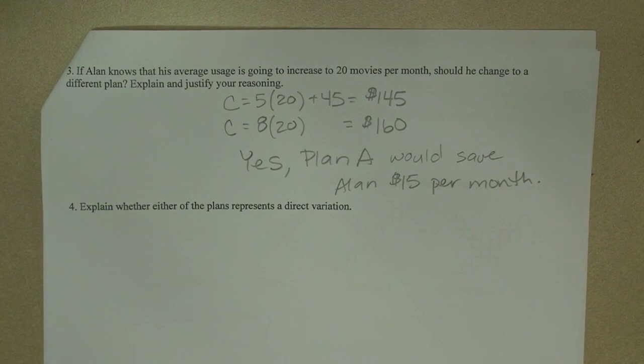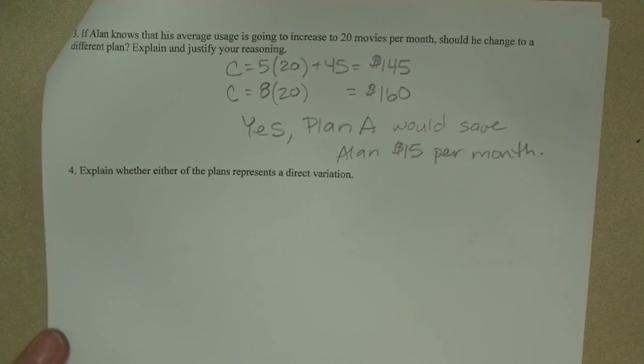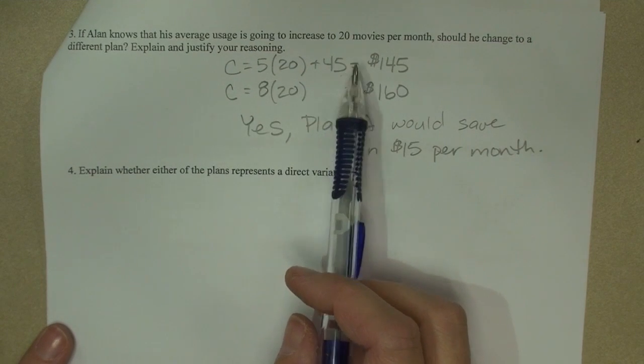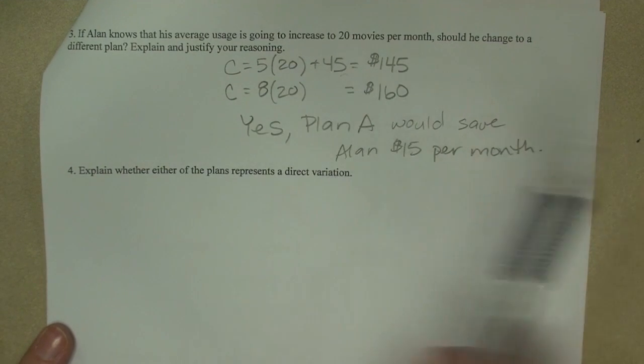And last it says, explain whether either of the plans represents a direct variation. I remember there's a y-intercept on Plan A because you start off paying $45 whether you watch a movie or not.